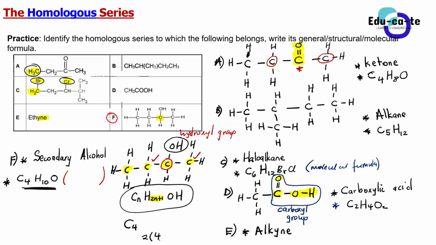Then we say plus 1. 2 times 4 is 8, plus 1 is 9. So it can be C4H9, and then after that you just write an OH.